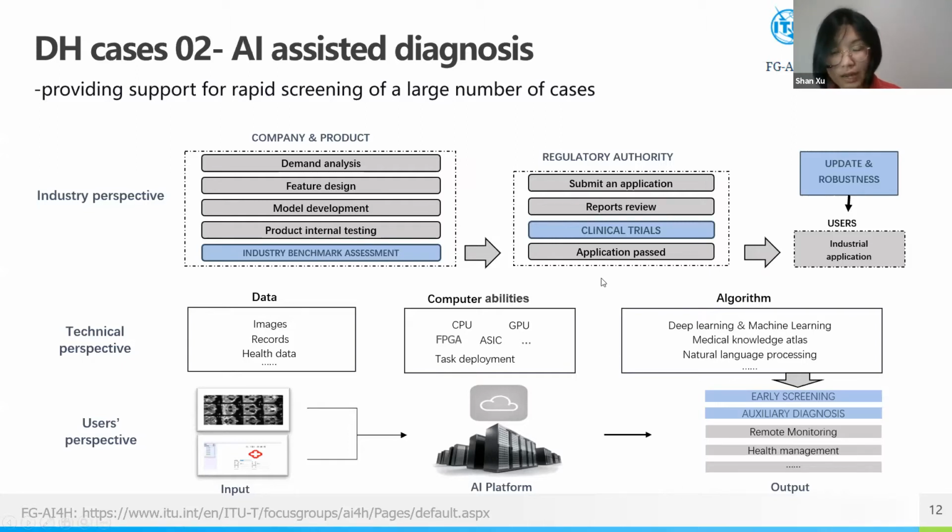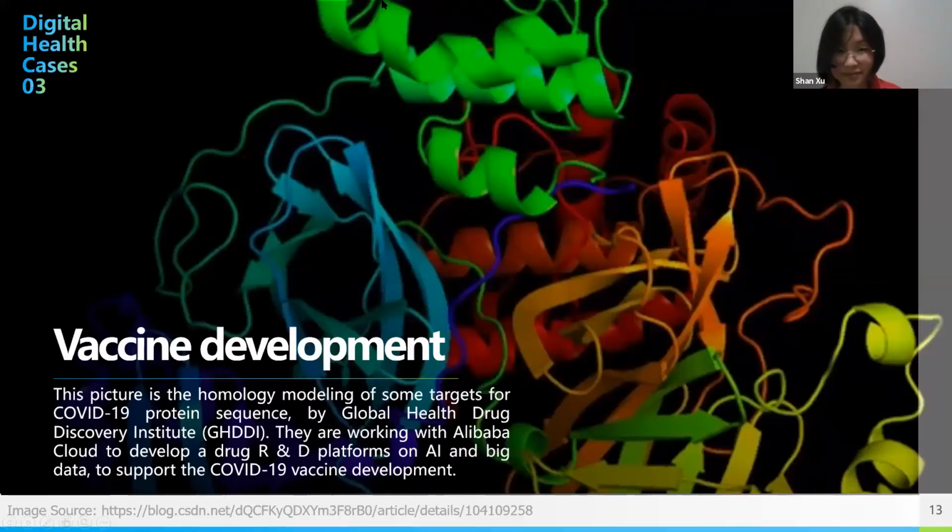And also a very important part is post-market surveillance, to help the overall AI system be safe and trustworthy. So what I have mentioned about diagnosing coronavirus is just one example of AI for health applications. So if you are interested, you're welcome to click our focus group links that I attached here, and you can find more details.